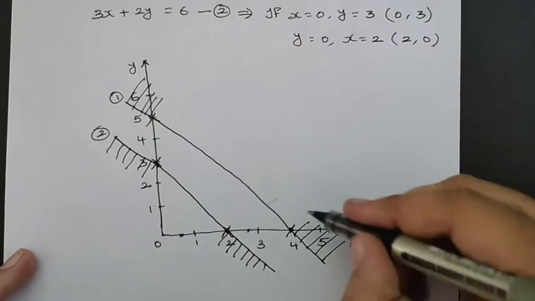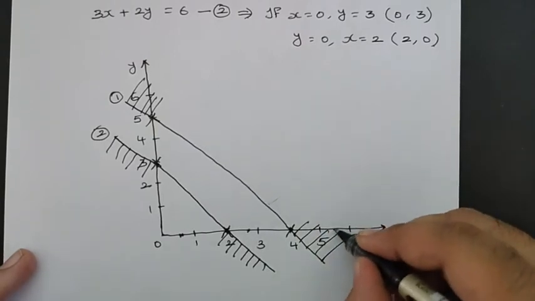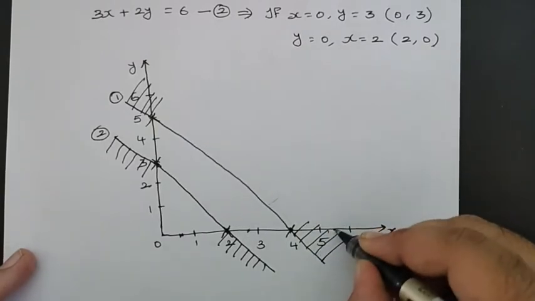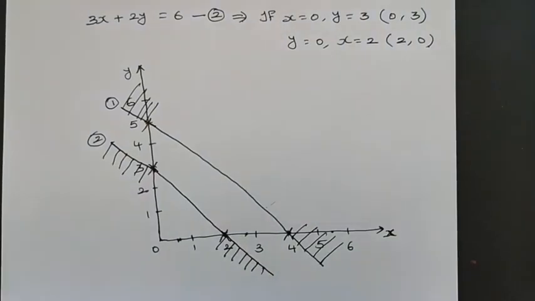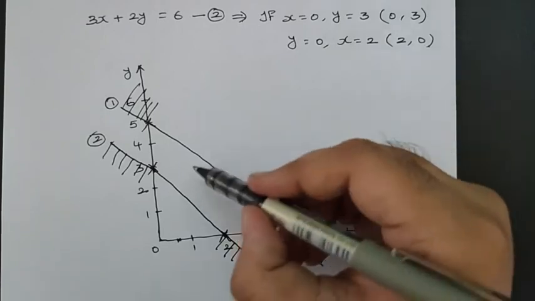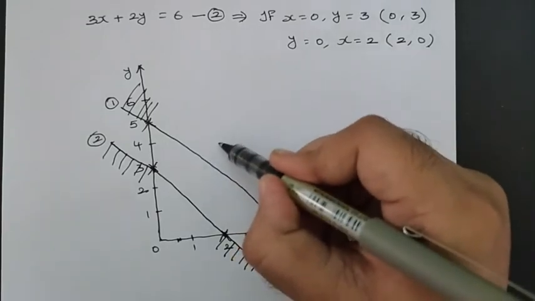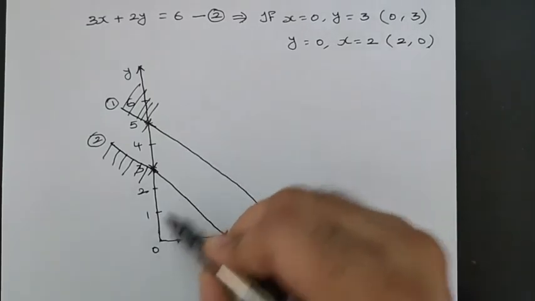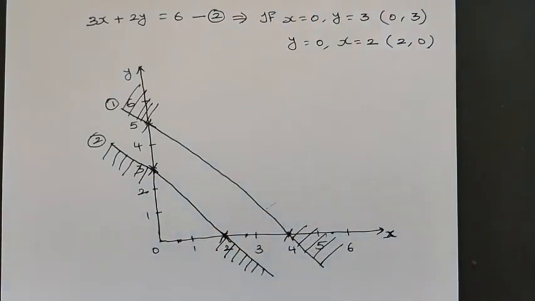Or I will take a point here, the point is above this line but it is not below the 2, the condition is not satisfied. Or you can take any point here, the point is above the first line but it is not below the second line. So that means for this problem we are unable to find the common feasible region. There is no feasible region for this problem.